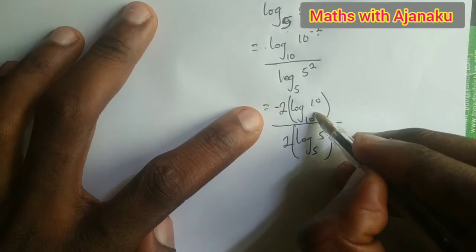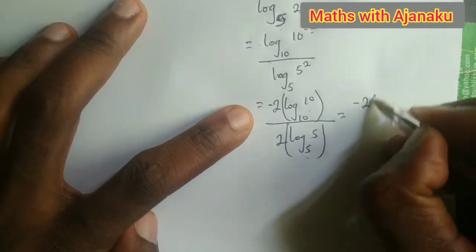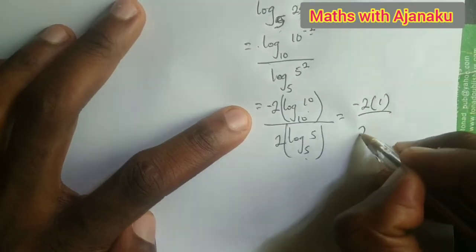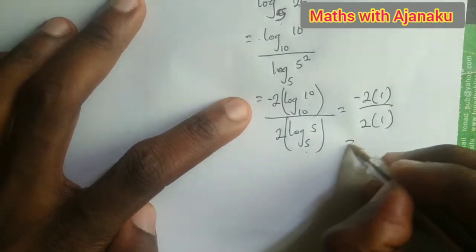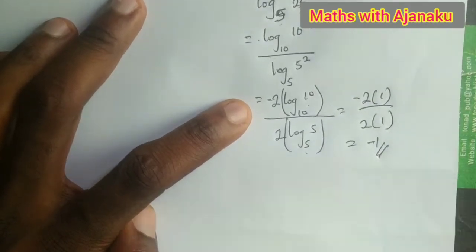So this becomes 1, this also becomes 1, so this becomes minus 2 times 1 over 2 times 1. On dividing this, you have minus 1 as our final answer.